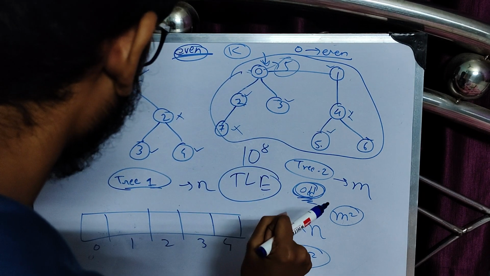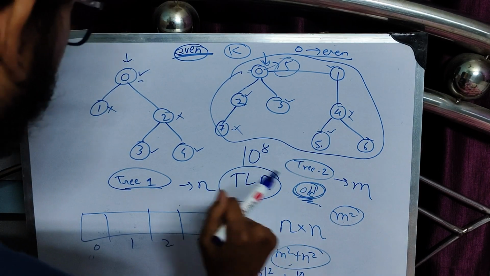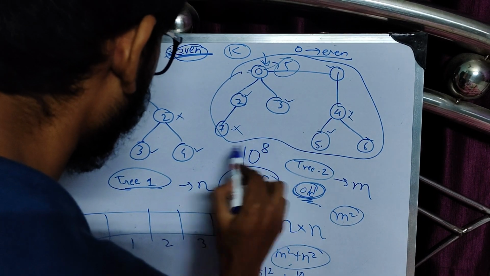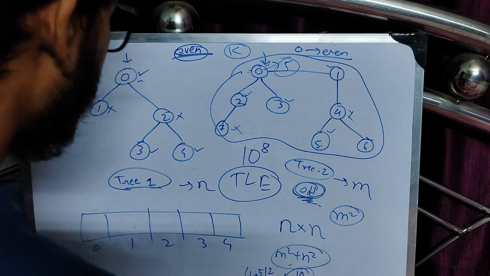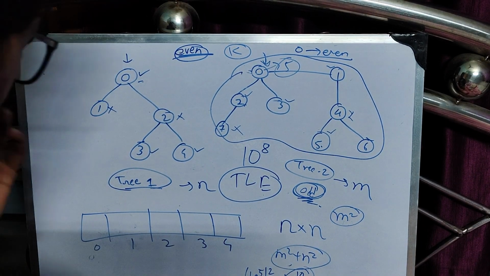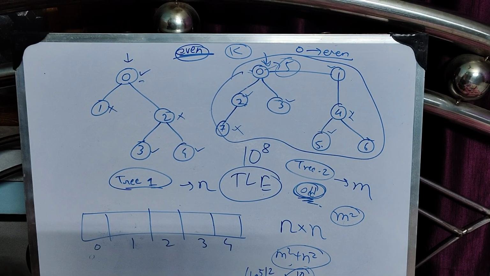So this approach will fail here, because we are doing it in 10 to the power 10 operations. So now I need to think of a different approach.